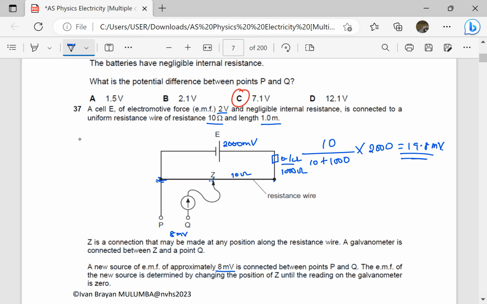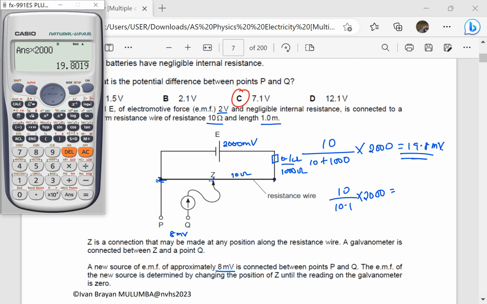But think of a situation where I use 0.1. The PD across the wire would be 10 divided by, remember this is 0.1 plus 10, that is 10.1, then times 2000.